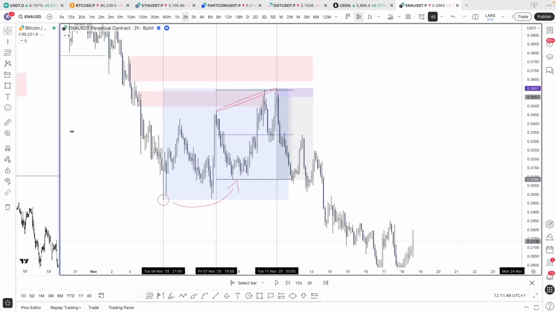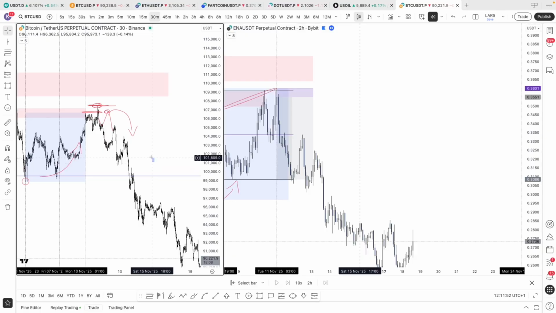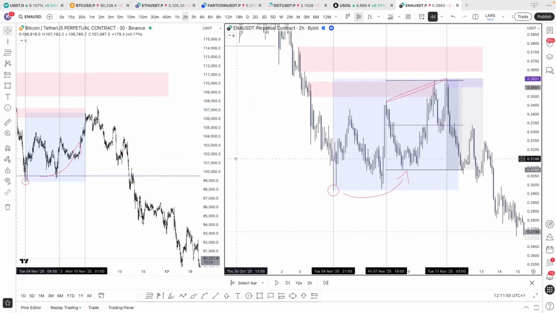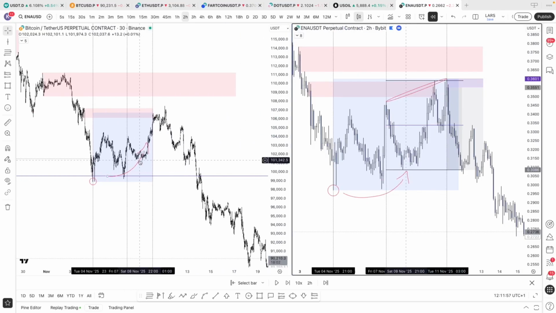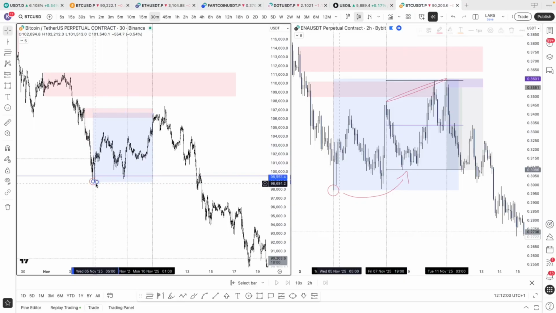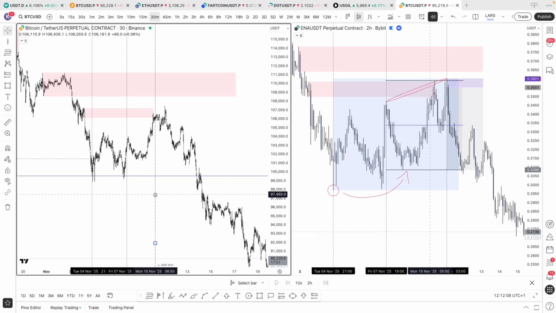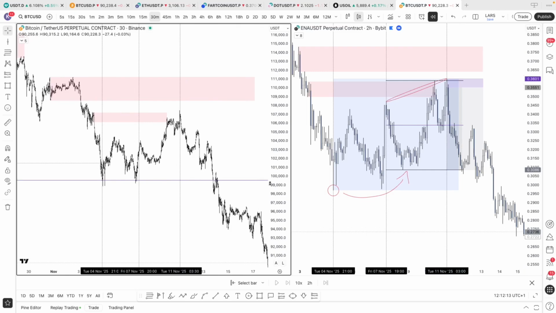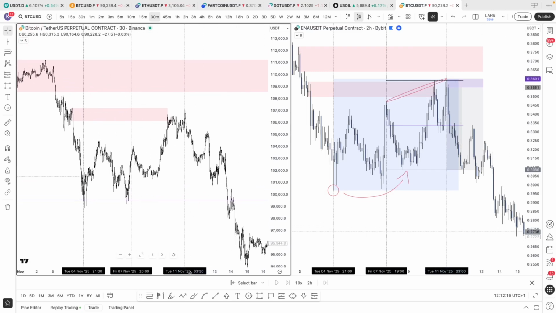When we analyze Bitcoin simultaneously with these pivots on ENA, what can we see? We can see this bottom being the same. We can see this bottom or top being right there. And the confirmation right here is taking place as Bitcoin takes that high right here, as Bitcoin sweeps those buy-side liquidity highs.